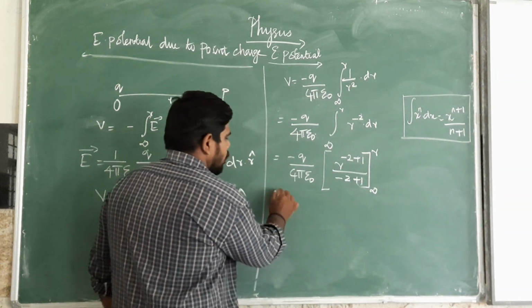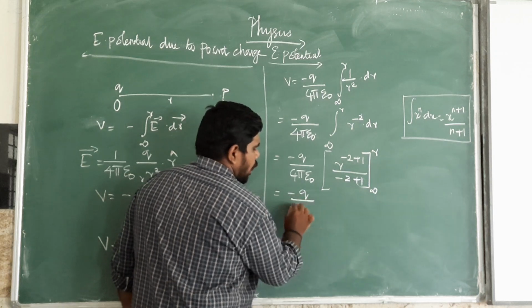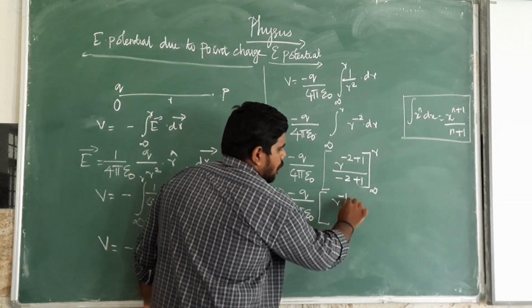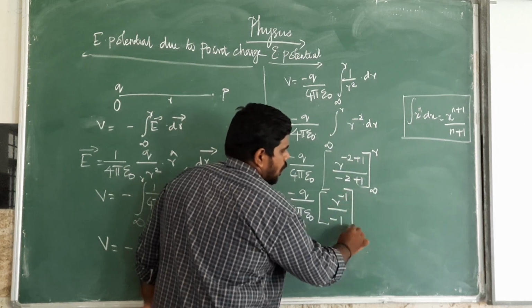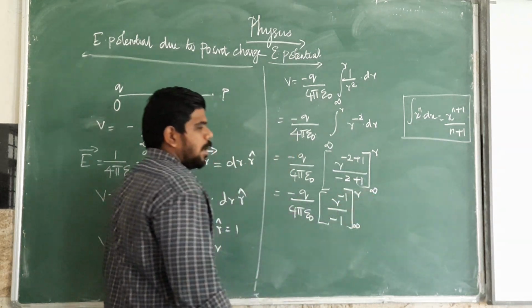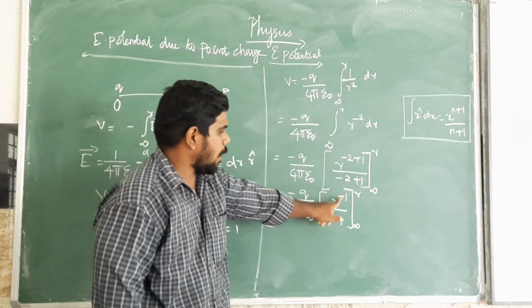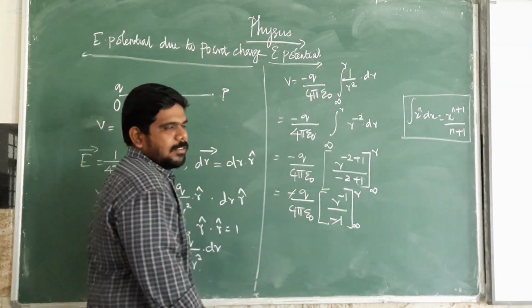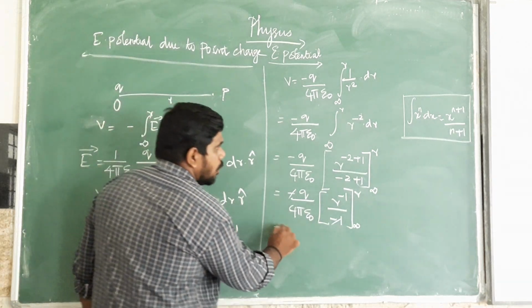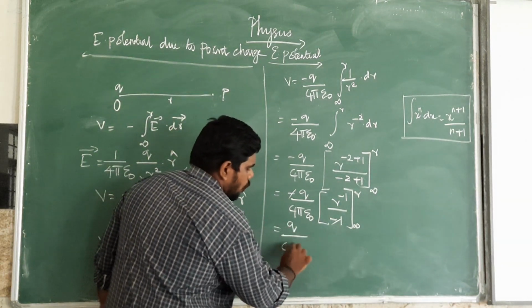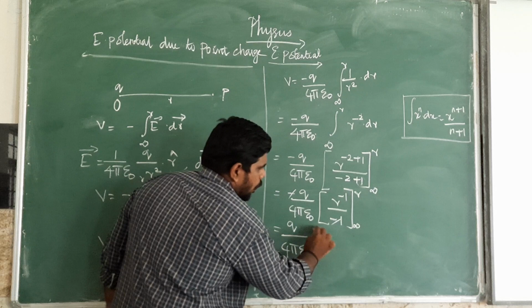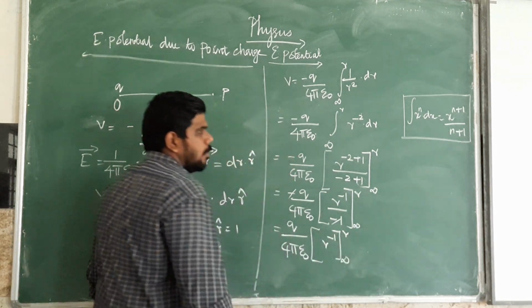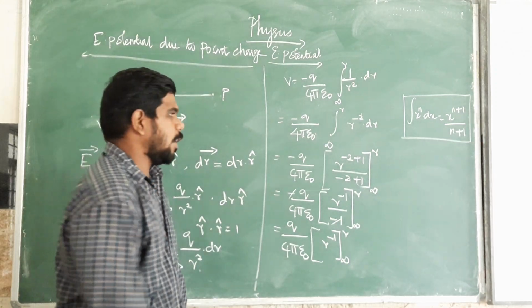So we get minus q by 4 pi epsilon 0 into r power minus 1 by minus 1, infinity to r, because minus 2 plus 1 is minus 1. So minus 1 by minus 1, here the minus 1 will be cancelled. So we get q by 4 pi epsilon 0 into r power minus 1, limit infinity to r. Clear?